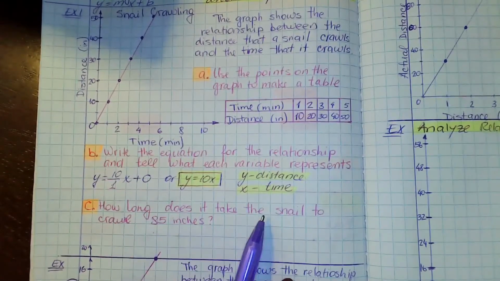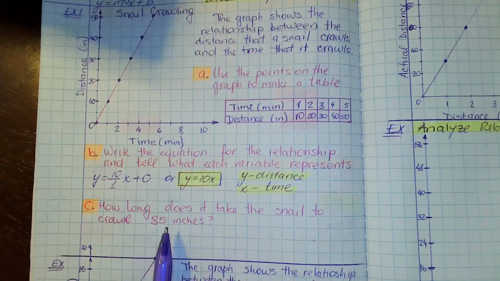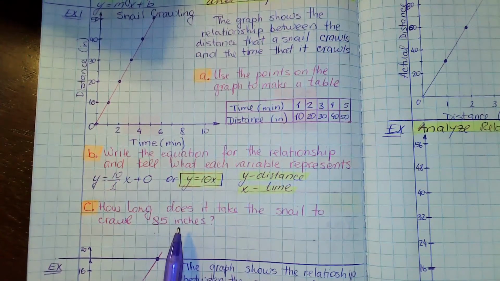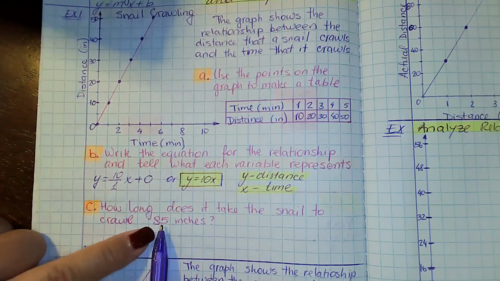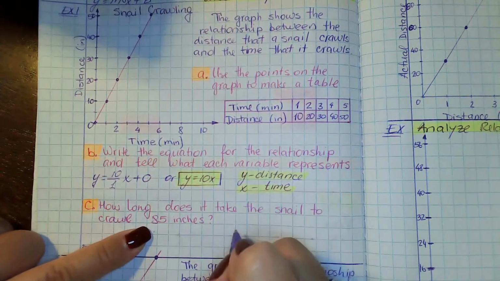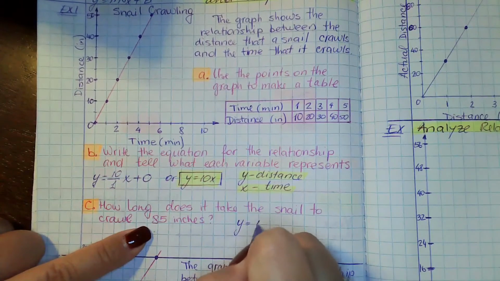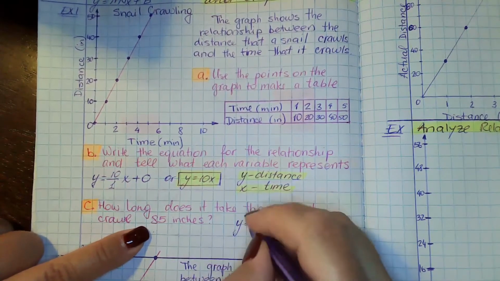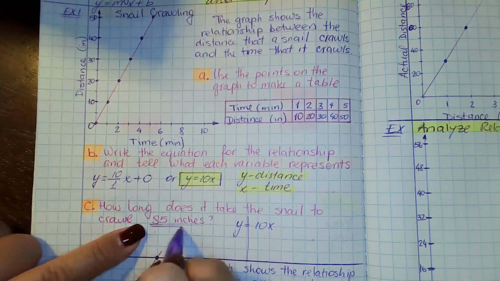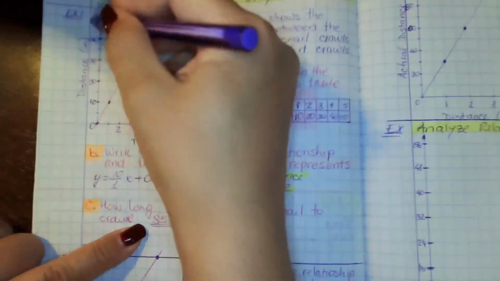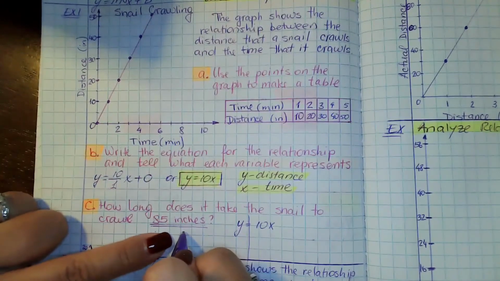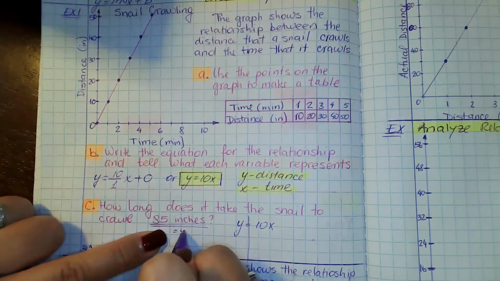How long does it take the snail to crawl 85 inches? So this is what we need to use now. 85 inches is the distance. So in our equation, y equals 10x, we substitute 85 inches. That would be distance, which is y.